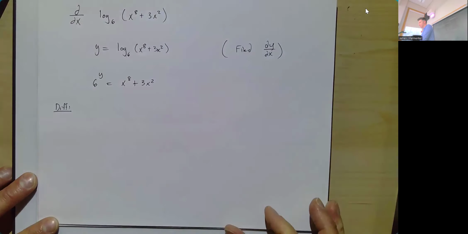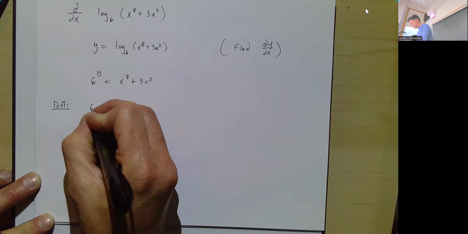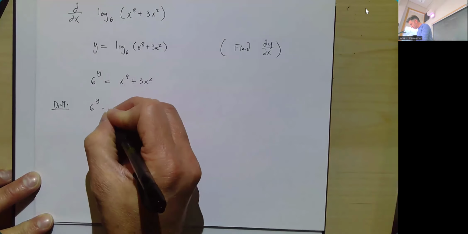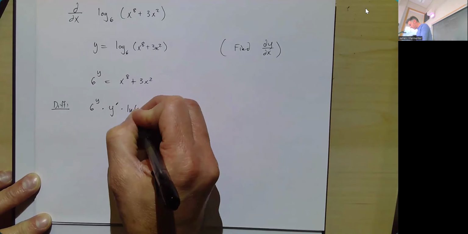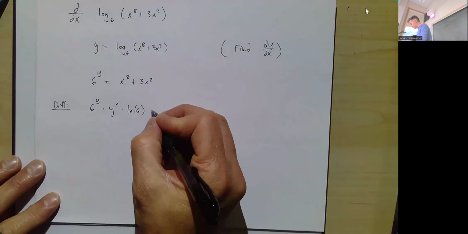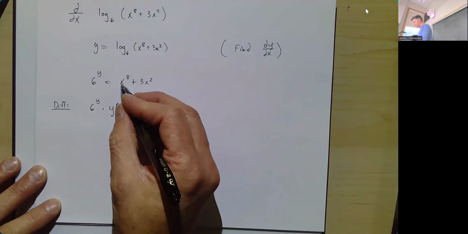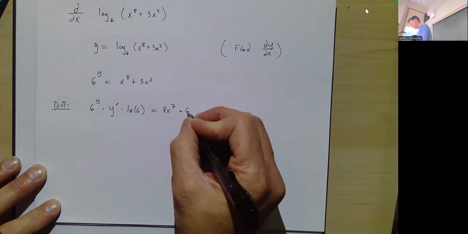Okay, let's be careful. The derivative of 6 to the stuff is 6 to the stuff times the derivative of the stuff times the natural log of 6. On the right-hand side, we don't have to be quite so careful. We just have functions of x, and we can differentiate those not too terribly. The derivative of x to the 8th power is 8x to the 7th. The derivative of 3x squared is 6x.